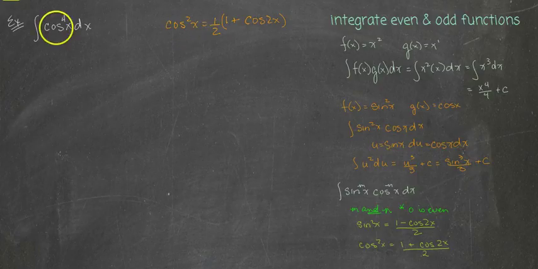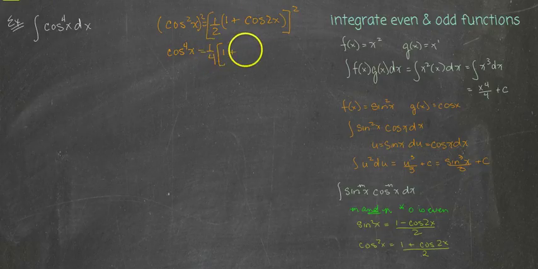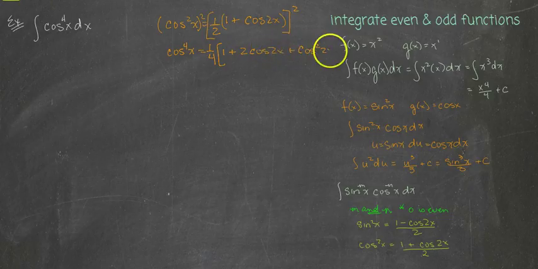But I don't want cos squared of x, I want cos to the 4th, which means if I square both sides, then I end up with cos to the 4th of x equals, well, 1/2 squared is 1/4. I can pull that out, and then I can distribute this: 1 plus 2 cos 2x plus cos squared of 2x.